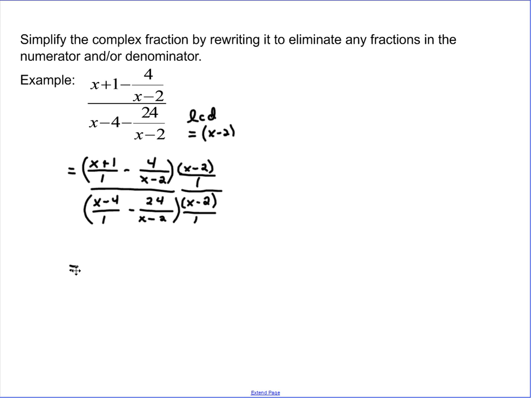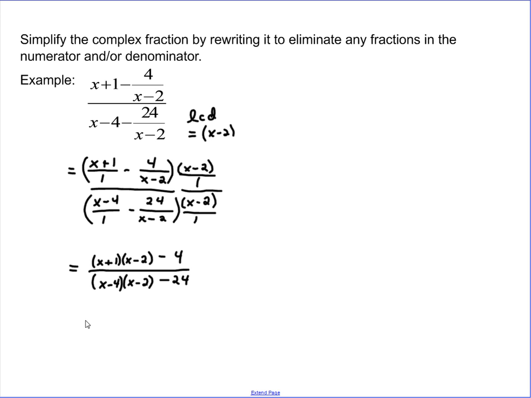Well, when we distribute, we're going to get x plus 1, the quantity, times x minus 2 for our first term, minus 4 in the numerator, where in the denominator I'm going to get x minus 4 times x minus 2 for our first term, since nothing cancels out with the 1 in the denominator, minus 24 over x minus 2 times x minus 2 over 1 is just 24.